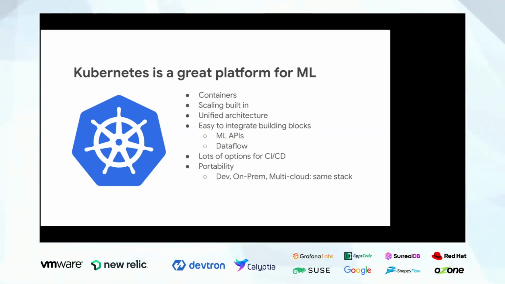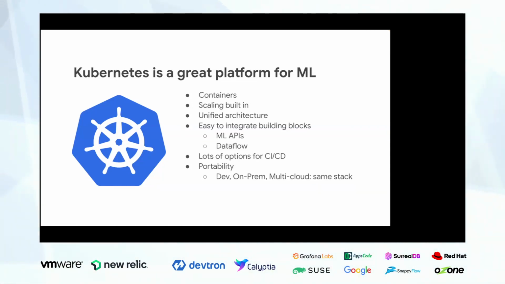in an efficient manner. Now, Kubernetes is actually great for ML systems because, as you can see on the slide, it provides you containerization, scaling, and a unified architecture. It's easy to integrate multiple building blocks, be it related to ML, data, or any other engineering aspects.